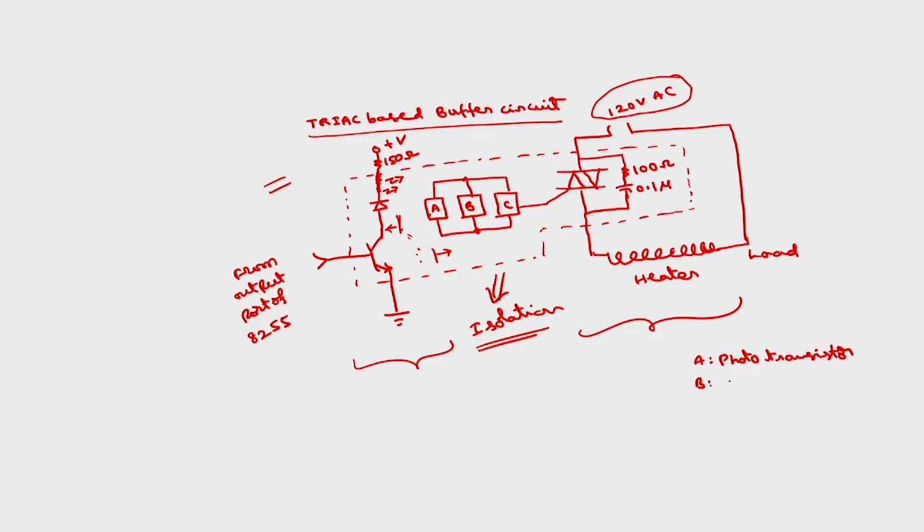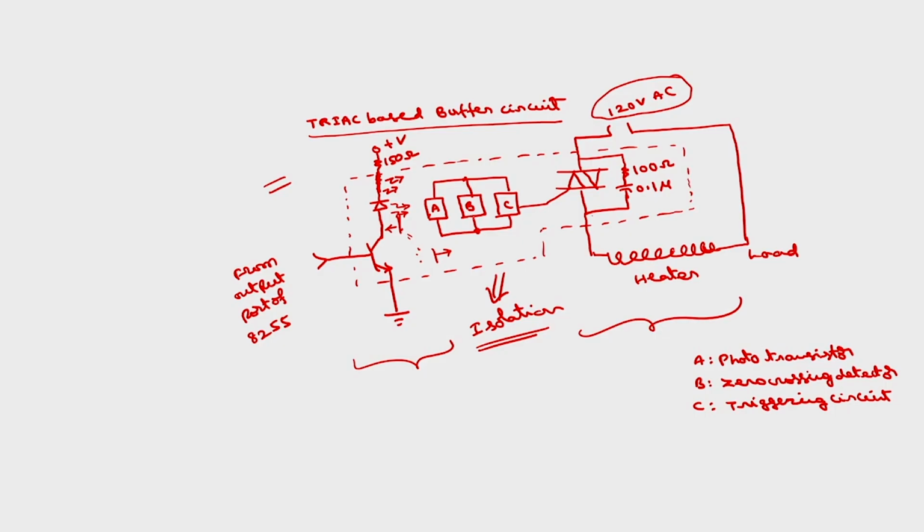B is a zero crossing detector. And C is actually the triggering circuit. So whenever this LED is on, it is going to emit the light.